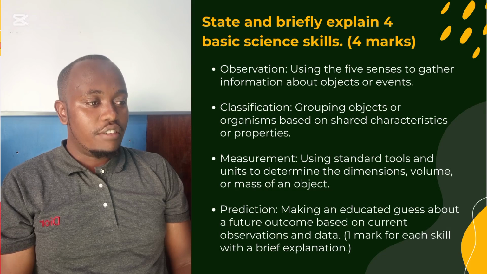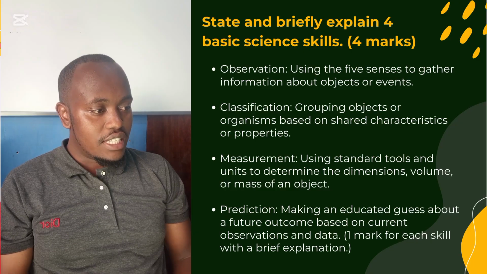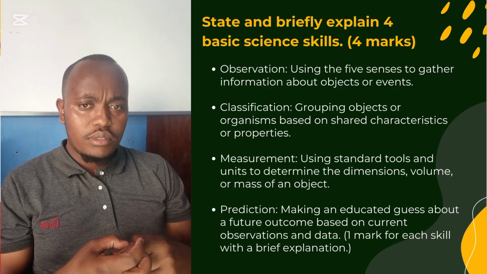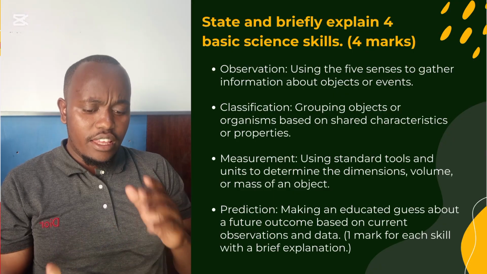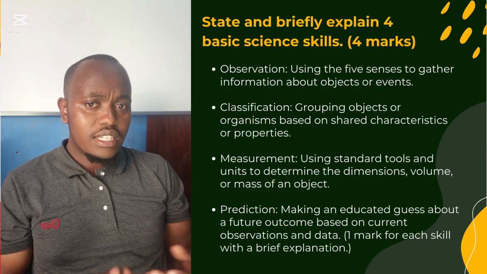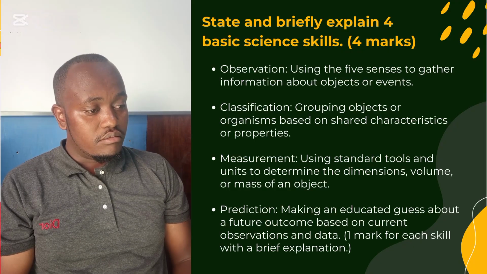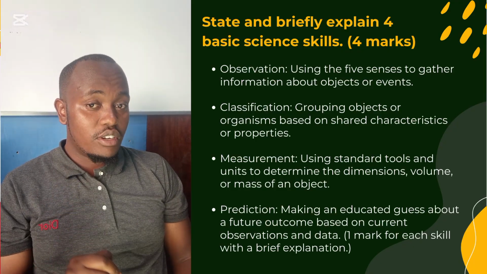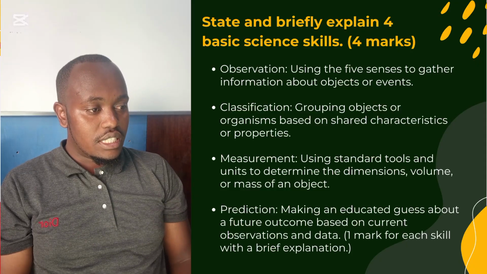Observation is the first basic skill. This involves using the 5 senses to gather information about objects and events. What are the 5 senses? These are the 5 basic senses. Example, taste. Sometimes you'll need to taste some chemicals, not all, some chemicals, and tell that they are sour, for example, or they are sweet tasting.